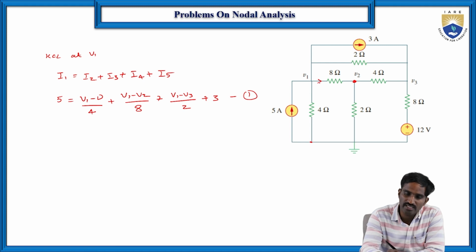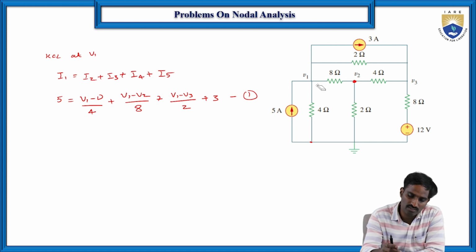If you consider the direction like this, then with respect to V2 the current is V1 minus V2 by 8. Otherwise, if you make the current direction this way, then the equation is V2 minus V1 by 8. Both are the same, so there is no issue.